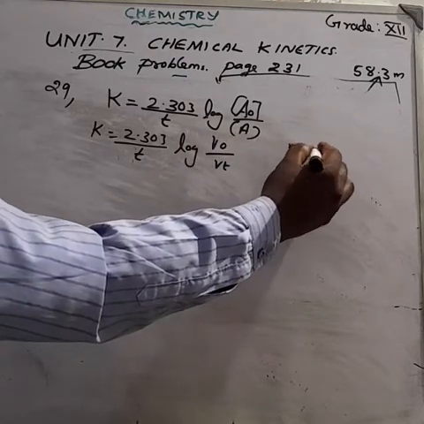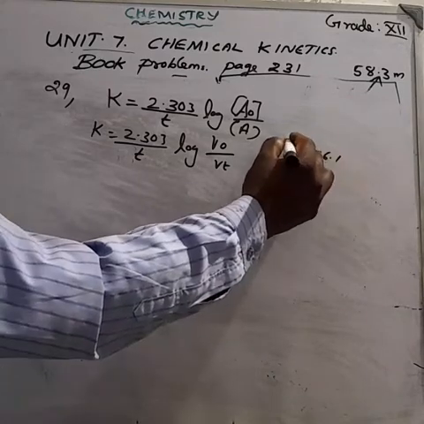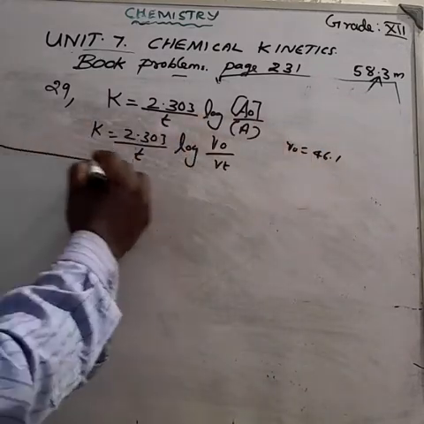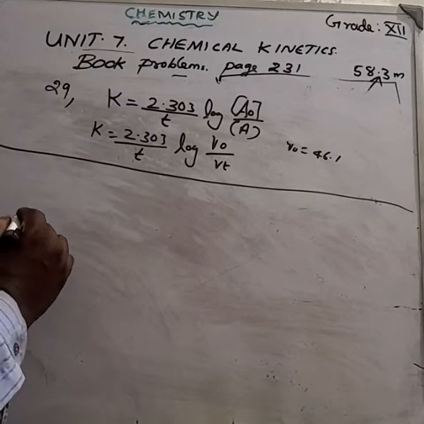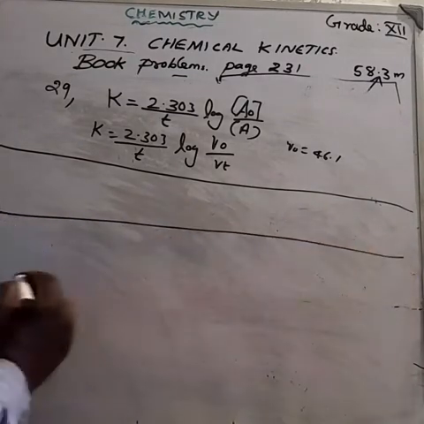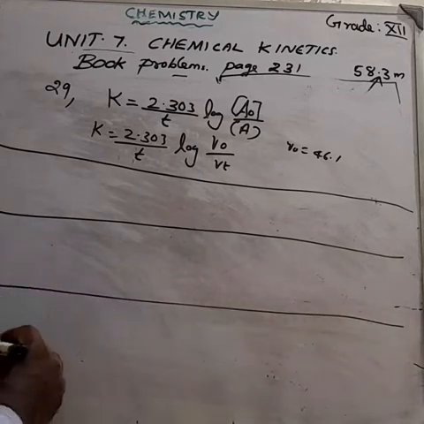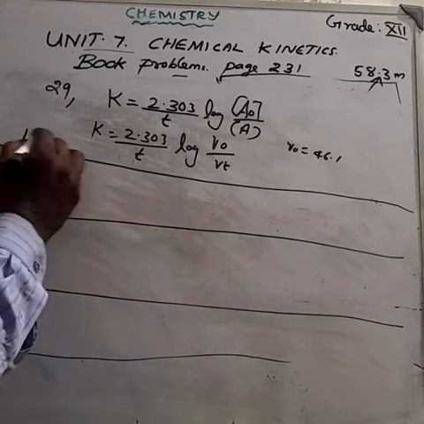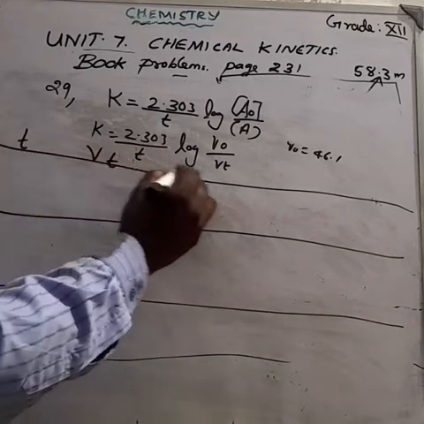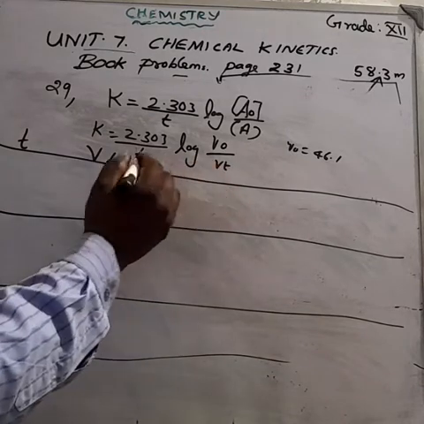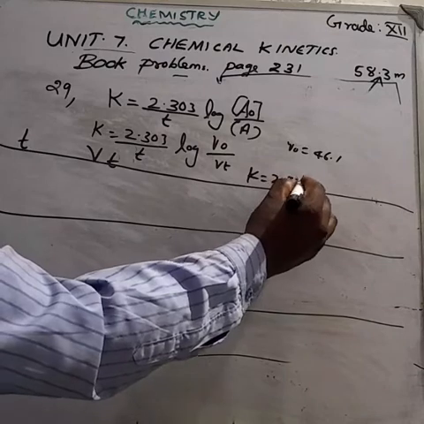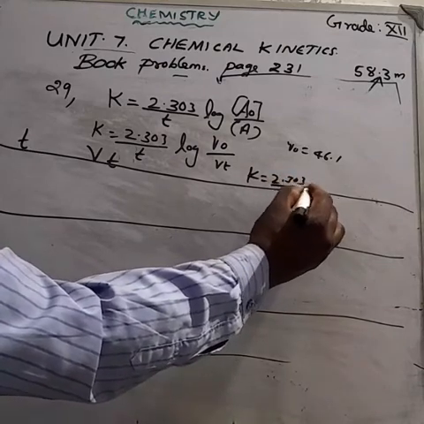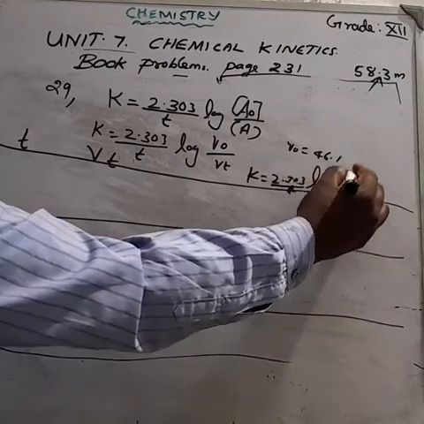Here also I make a tabular column. First I am going to write T in minutes, second Vt, third the formula K is equal to 2.303 divided by T log V0 divided by Vt.